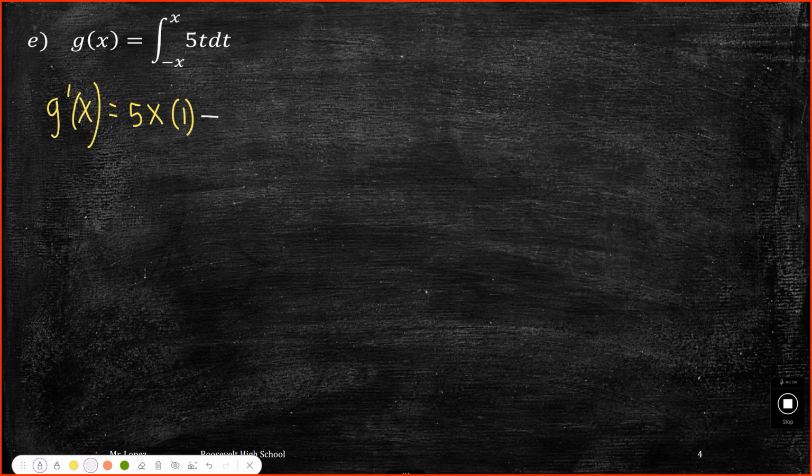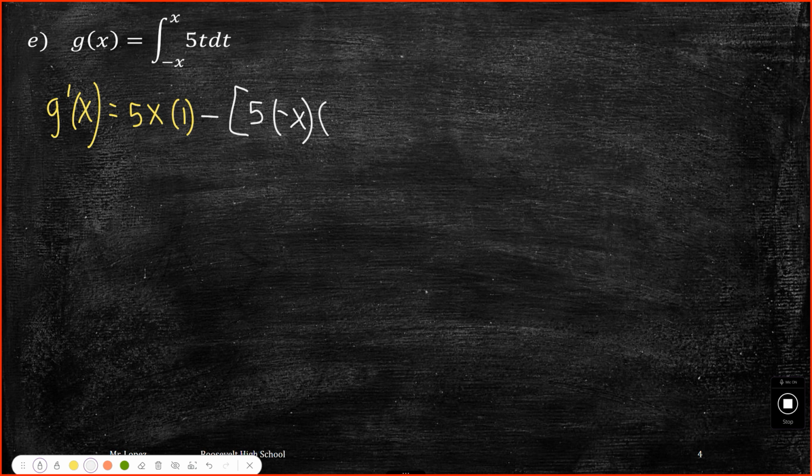We're going to plug this in. Let me put parentheses or brackets around it. We are going to plug in negative x for t. So 5x, t has become negative x. And then the derivative of negative x. What's the derivative of negative x?